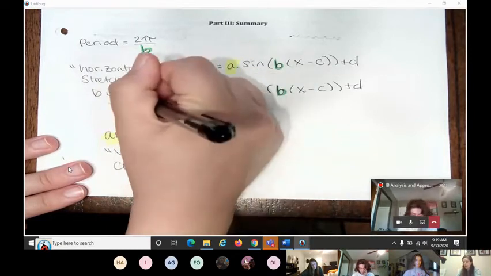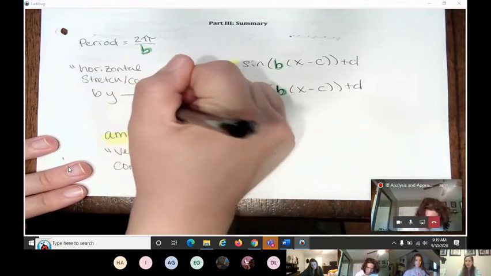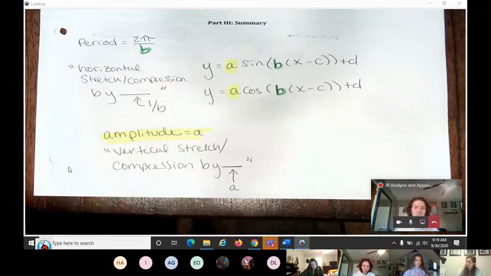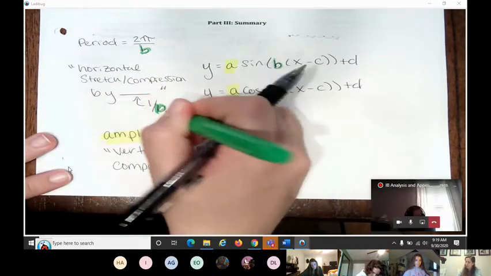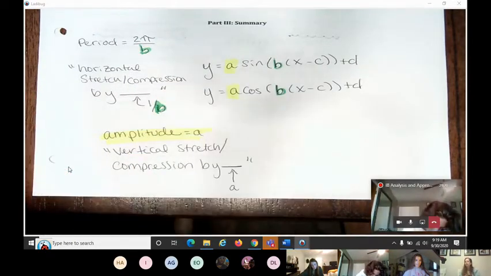And the value here is going to be 1 over b. Okay. So it changes the period by horizontally stretching or compressing the function to make the period happen more often or less often within a given spot. Questions on that little part?